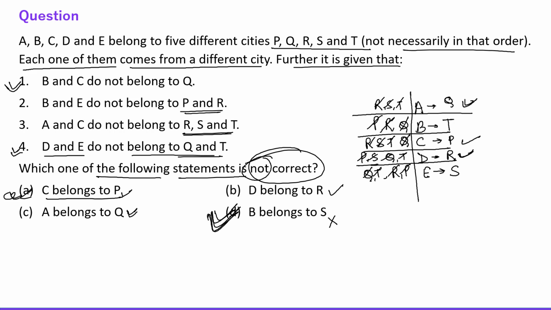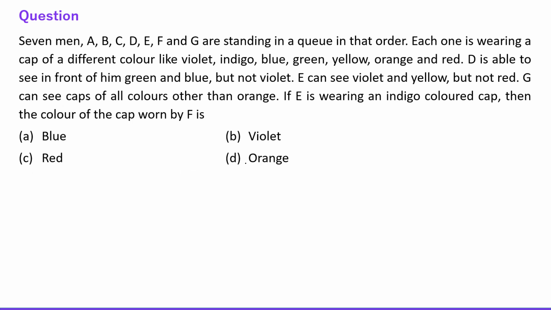All right, everyone, fine. So now let's move to another question. Next question: 7 men A, B, C, D, E, F, G are standing in a queue in that order. Each one is wearing a cap of a different color: violet, indigo, blue, green, yellow, orange and red.